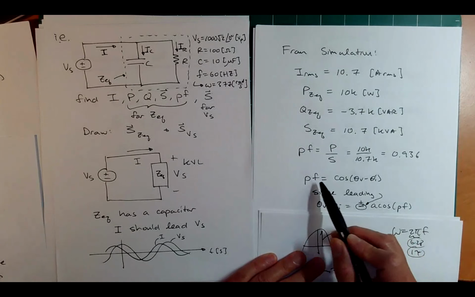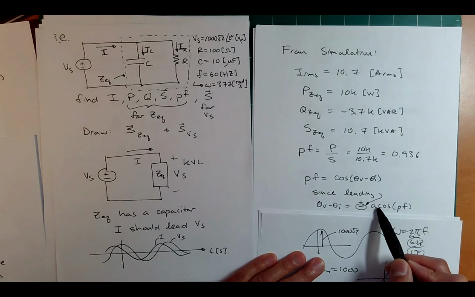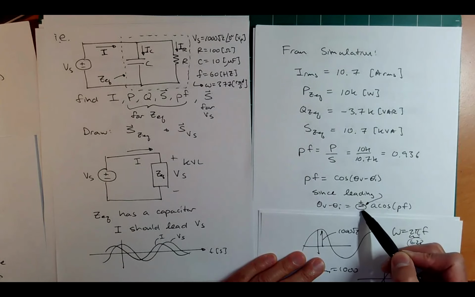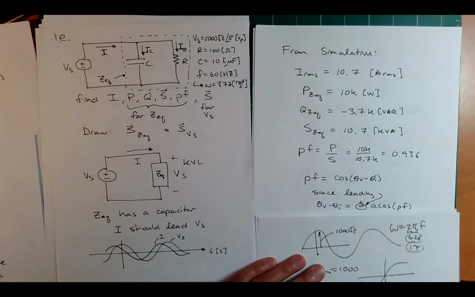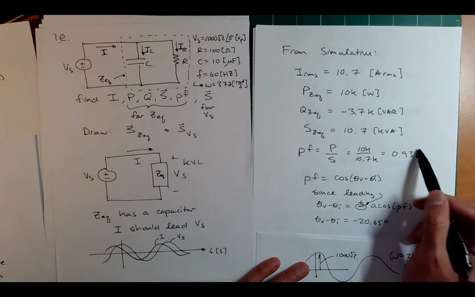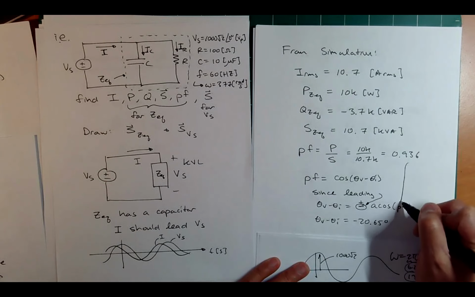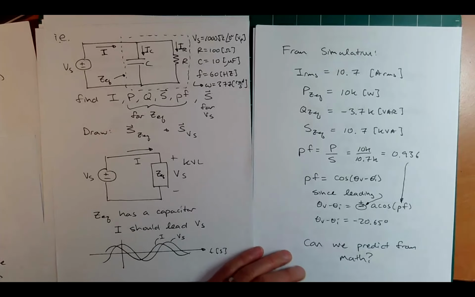If you want to calculate theta V minus theta I, you know that cosine is a symmetric function, so you need to choose a sign, plus or minus. If it's leading, you're going to choose the minus. If it's lagging, you're going to choose the positive. So since it's leading, we're going to choose the negative, right? So if I punch in the inverse cosine of 0.936, I get negative 20.65. Okay, so theta V minus theta I is minus 20.65.